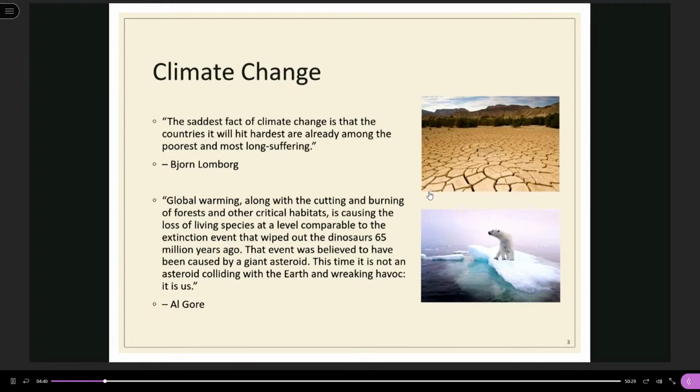Some quote: the saddest fact of climate change is that the countries it will hit hardest are already among the poorest and the most long suffering. Okay, so Hong Kong is not a rich city, but we are not poor.